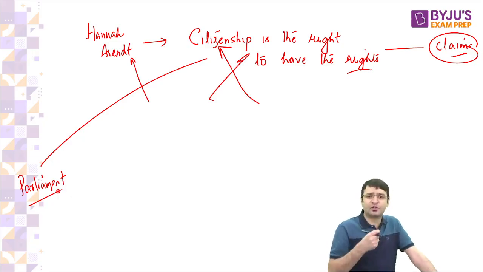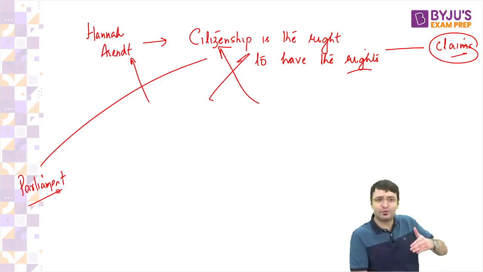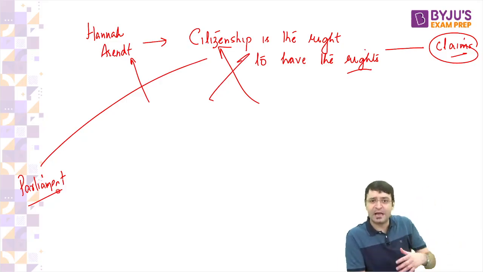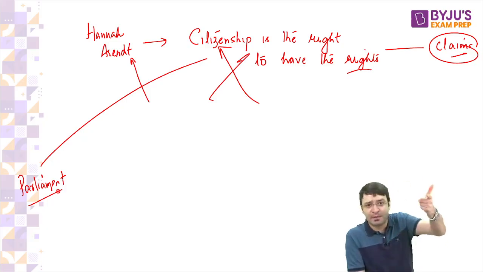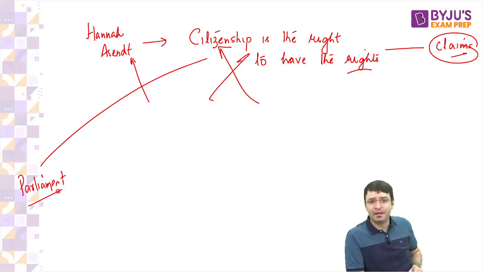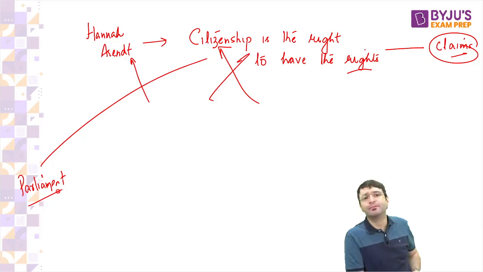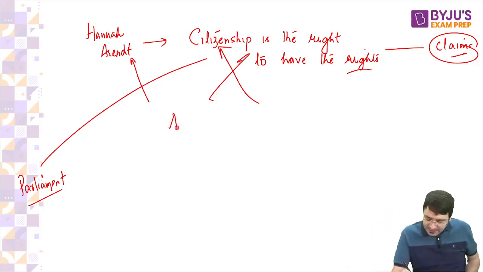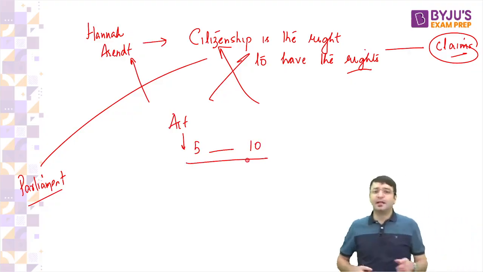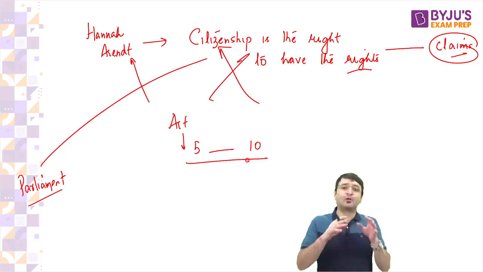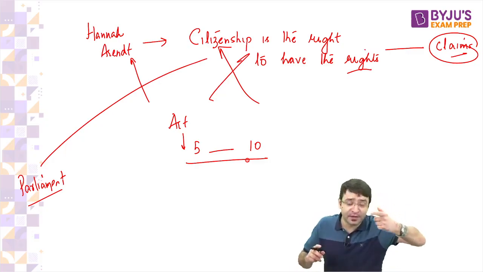where there were millions of people who migrated from India to what became Pakistan, and millions of people migrated from what became Pakistan to India. And we had to be absolutely sure who are the citizens of India. That is why Articles 5 to 10 do not talk about who is going to be the citizen of India.